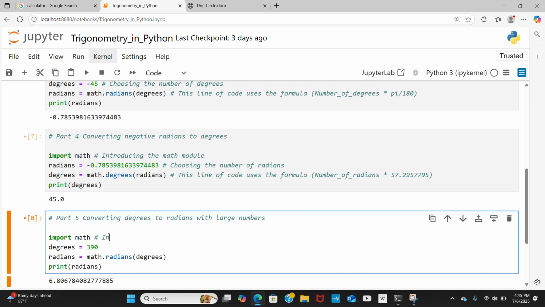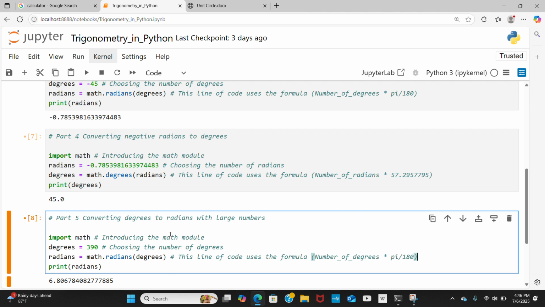Once again, we're introducing the math module, choosing the number of degrees, and this line of code uses the formula number of degrees times pi divided by 180.